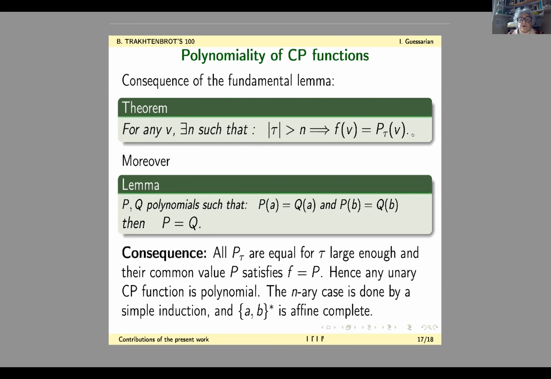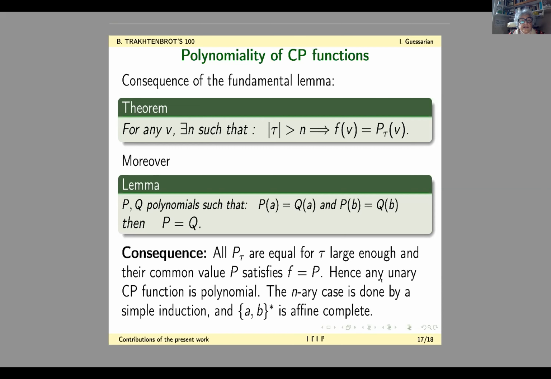You are going to say, well, you have a zillion polynomials p tau here, not a single one. But it so happens that if 2 polynomials coincide on a and b, then they coincide everywhere. And as all p taus are equal for tau large enough, their common value p satisfies f equals p.